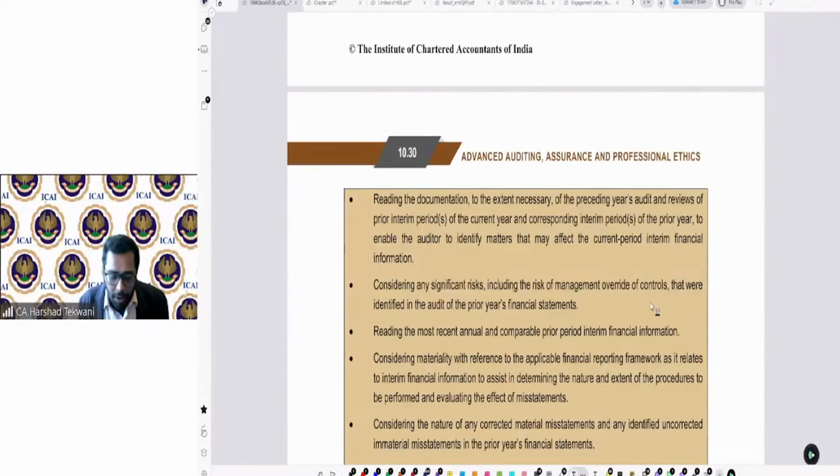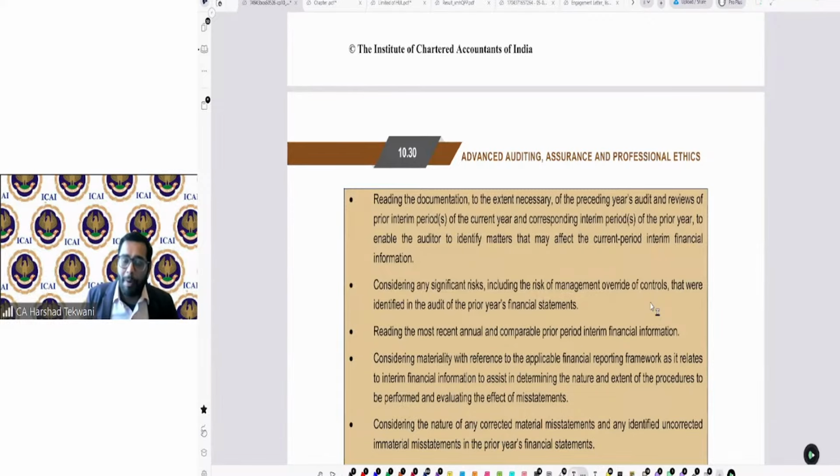For example, let's say we are appointed auditor of a particular company. We know that we need to perform the audit, which requires planning, risk assessment, a lot of things. So let's say we are performing a limited review for the second quarter. While performing it, we may also start performing detailed inquiries, planning, risk assessment, and everything.